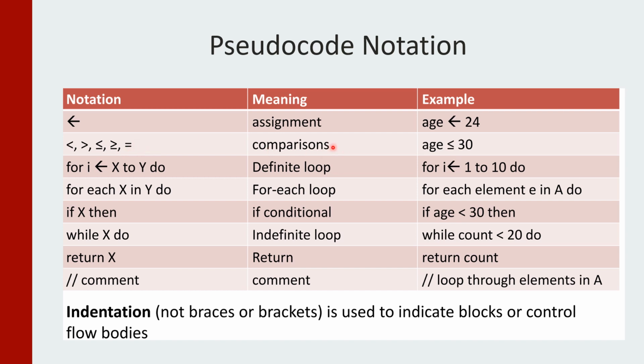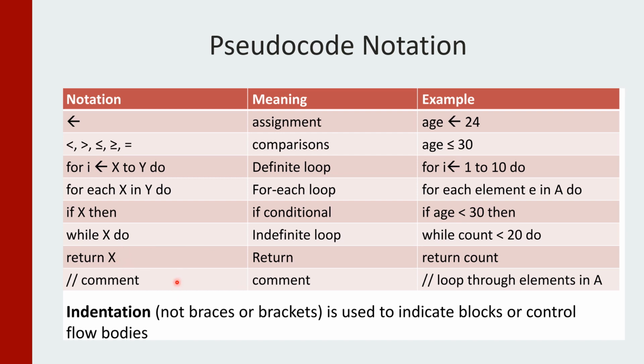That's something that you can use to do comparisons. I have a for loop, for i from X to Y, do whatever it is you want to do. And then I have a for each X and Y, do whatever it is you want to do. I have an if statement, if X, then blah. A while loop, while X, do blah. You can have return statements and you can have comments.